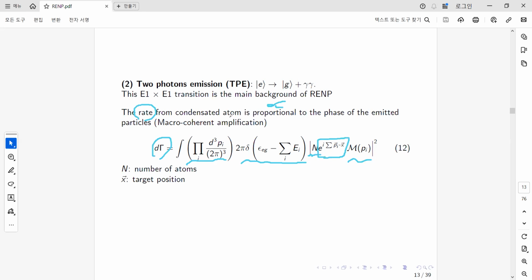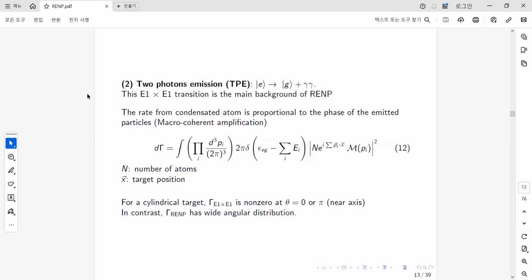This is a lattice with condensed atom density, and the emitted particles in this case are the two photons. This is called macrocoherent amplification. By using such condensed atoms and this property, we can reject the main background, TPE.